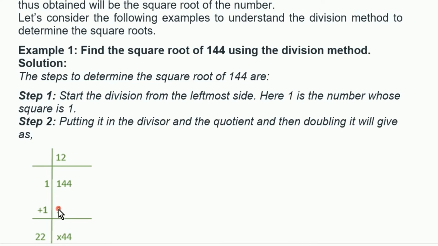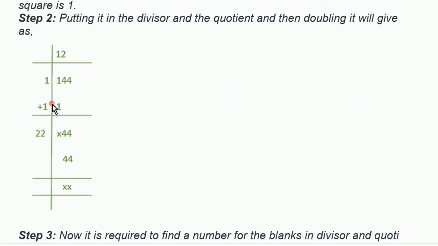Now we put this 1 in the quotient in the first step, then we add 1 plus 1, which is 2, and keep that in the leftmost place. We will take the next digit as an x.